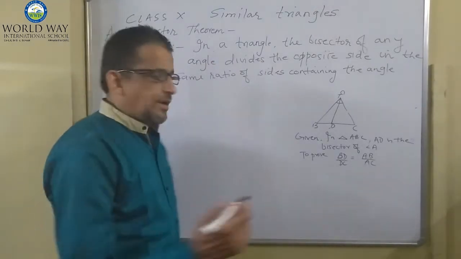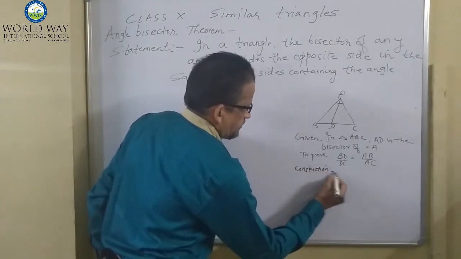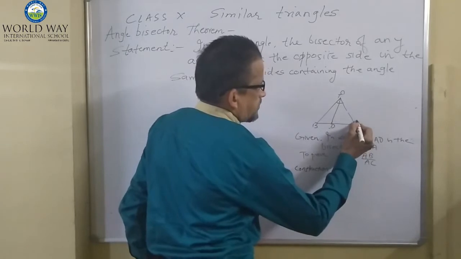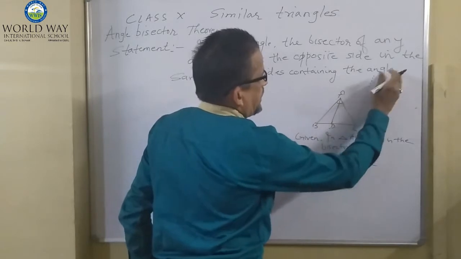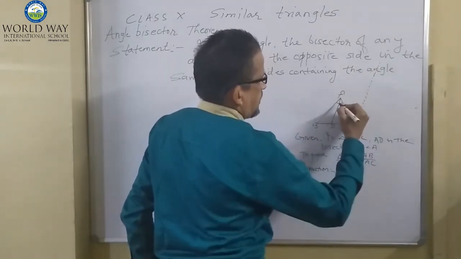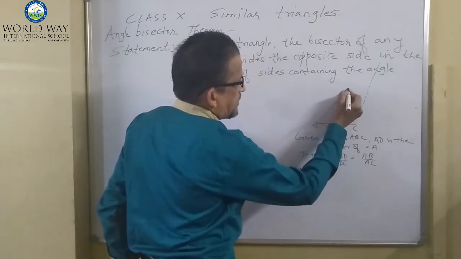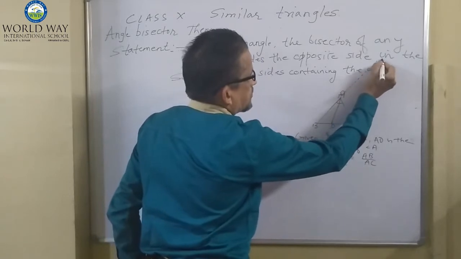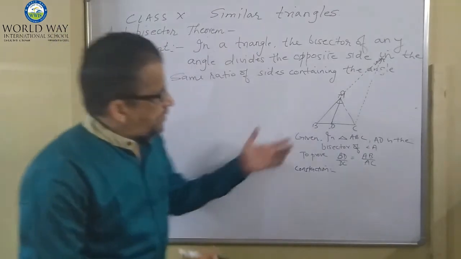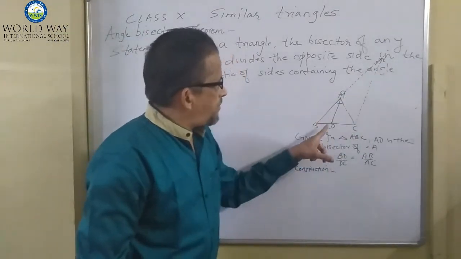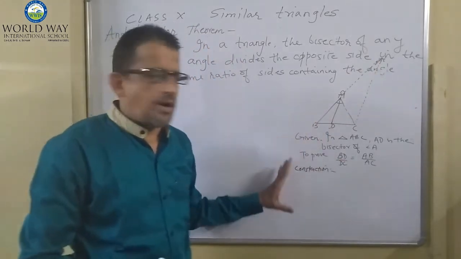So some construction is required. To write the construction: draw CE parallel to DA and extend BA to E. Draw CE parallel to DA and extend BA to E. This is the construction part in this theorem.